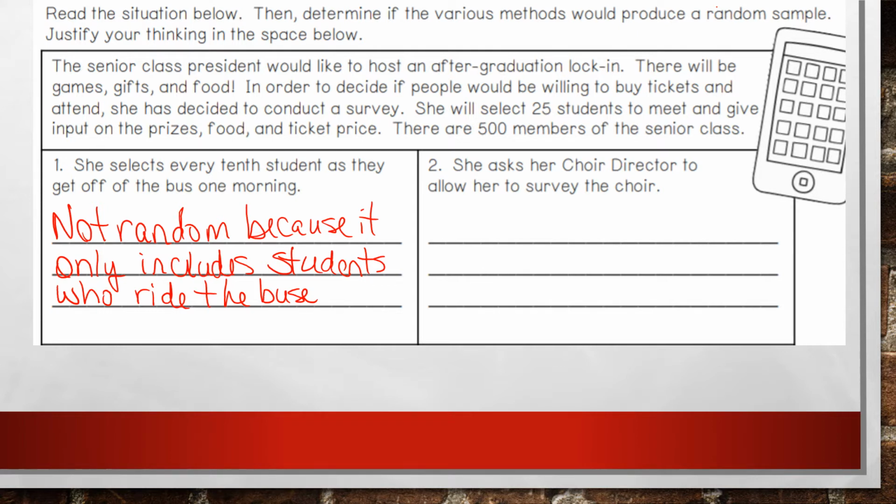Another option is that she will ask the choir director to allow her to survey the choir. This is also not random, because it includes only students who are choir members.